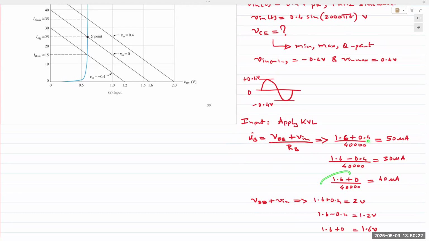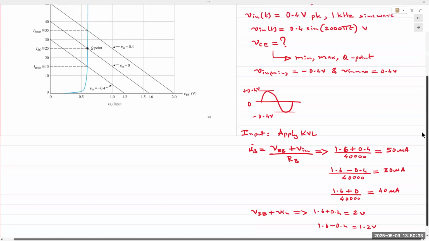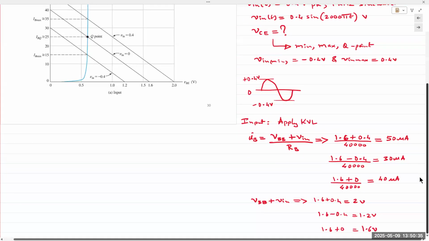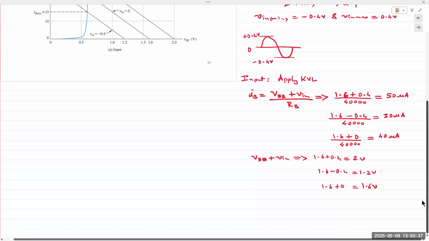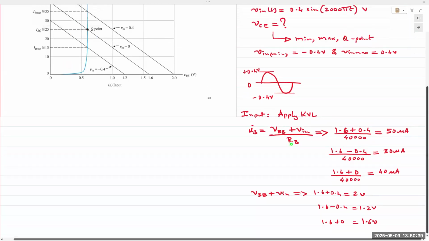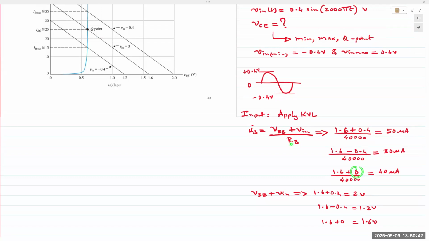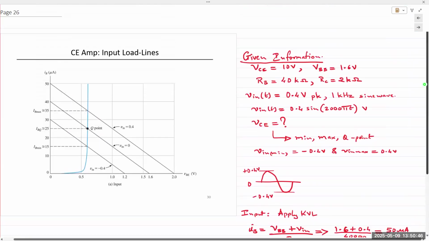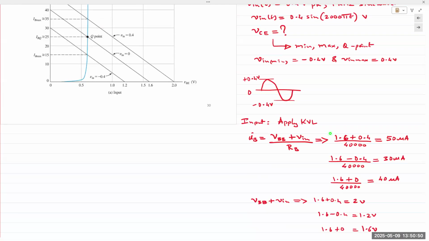Here's the one without any AC signal, meaning at the point of transition between positive and negative. So this is VBB plus V in over RB. Again, VBB and VCC values are known to us. It's given 1.6 volts. So again, IB is VBB plus V in over RB.